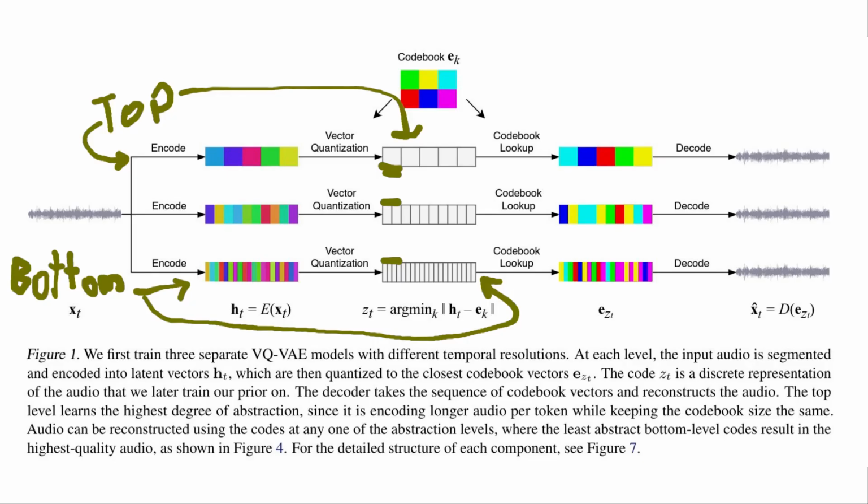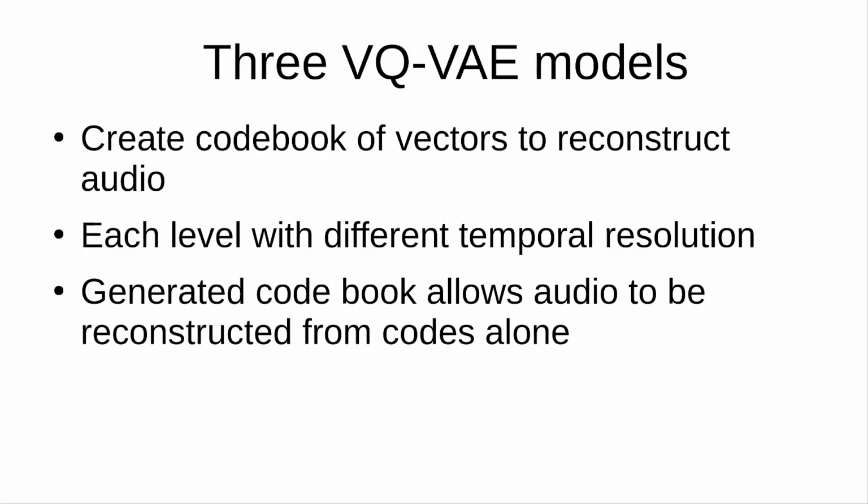So generally with only one model, you will end up with a system that trains a codebook equivalent to the bottom level. Doing that gives you a higher quality sound, but you lose some of the long-term information that you would get with a larger chunk of audio represented. On top of that, you're able to use fewer tokens per audio sample.